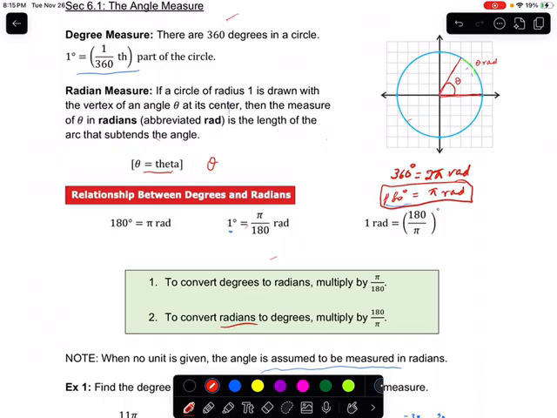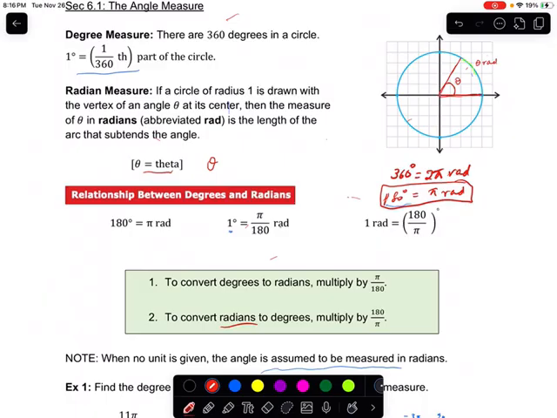Now, relationship between degrees and radians. We know that there are 360 degrees in one whole circle, but also we know that the circumference of the circle is 2 pi r. Now if r is 1, which it is because we are taking a unit circle, it becomes 360 degrees is equal to 2 pi radians.